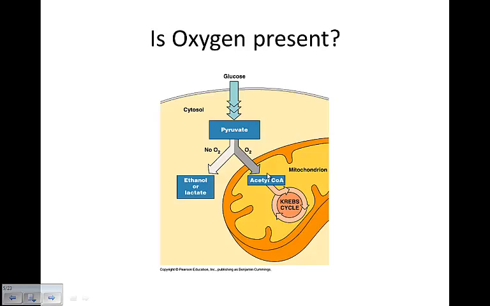Yeah, that's where ATP is made. So it's going to go into the mitochondria, form acetyl-CoA, and then go into the Krebs cycle. If there's no oxygen, then it's going to go through the process of making ethanol or lactate, or we call it lactic acid.